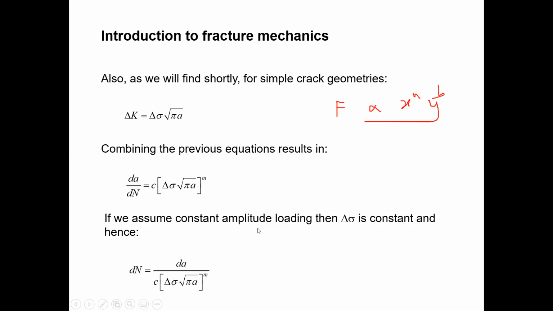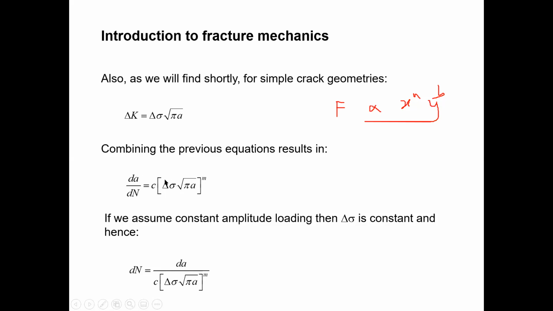If you assume constant amplitude loading, delta sigma will be constant. If it is not constant you can handle it in that manner as well. But if it is constant, then you can put dN on one side and dA on the other side.